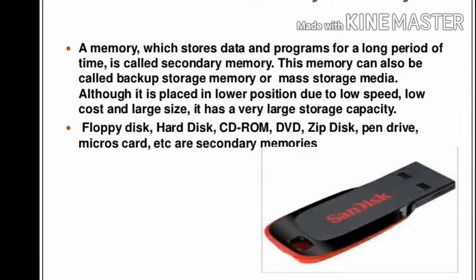A memory which stores data and programs for a long period of time is called secondary memory. This memory can also be called backup storage memory or mass storage media. Although it is placed in a lower position due to low speed, low cost and large size, it has a very large storage capacity.